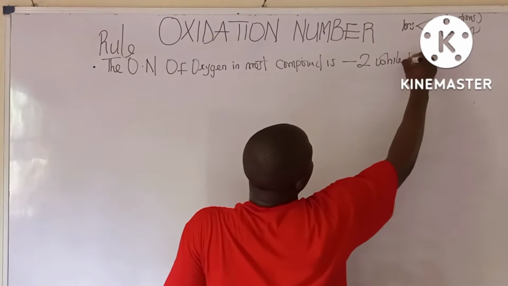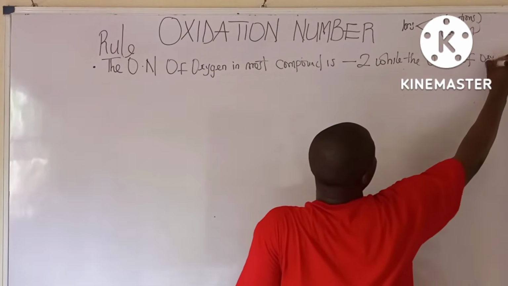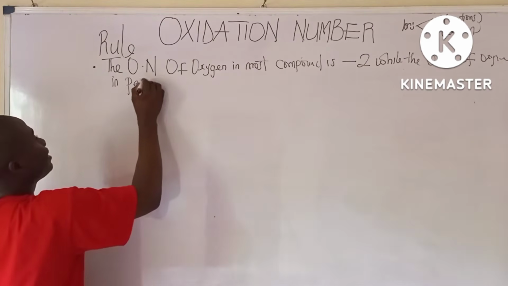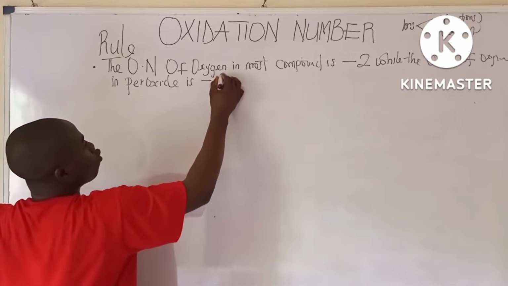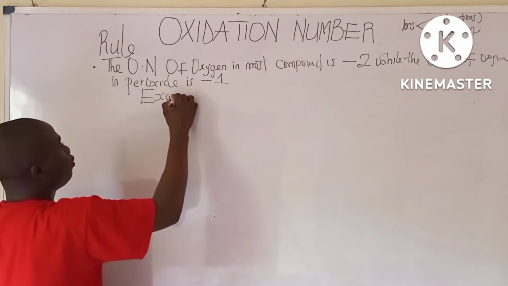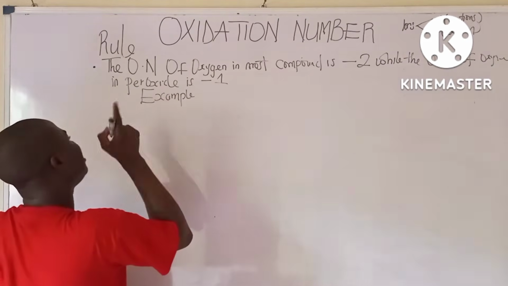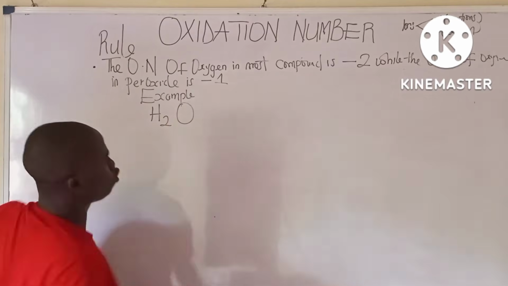while the oxidation number of the same oxygen in peroxides is -1. Now let's take an example. Say we are having a compound containing oxygen, and that compound is water, H2O.